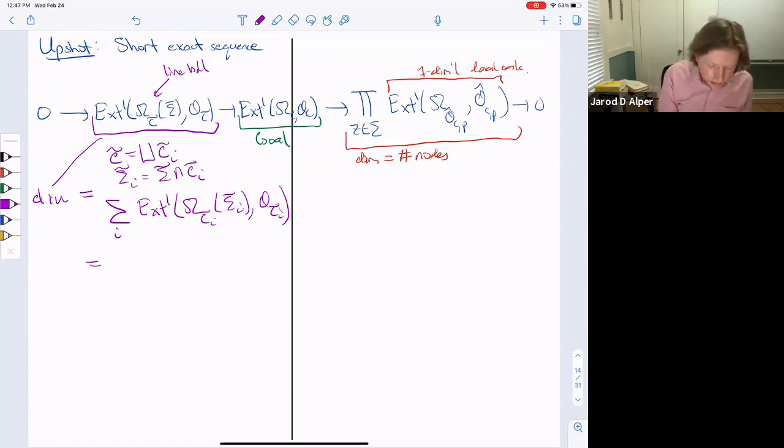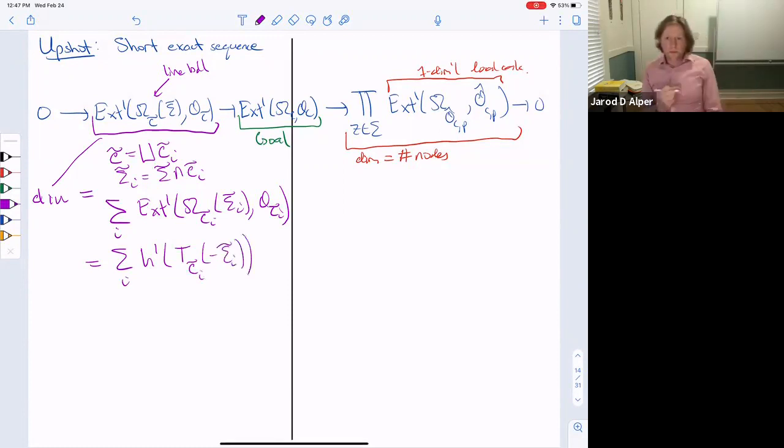And here we use that it's a line bundle to identify this with H1 of T. Right, and now I could use Serre duality. There are several ways to do this calculation; I'm just choosing this path. It's not necessarily the minimum number of steps.